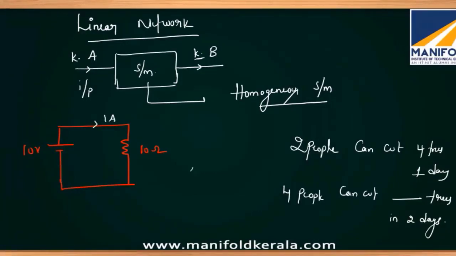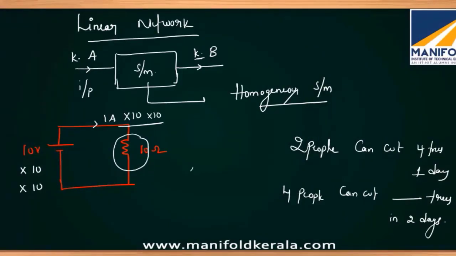Understand? Suppose I multiply the input with 10, then my response current also gets multiplied with 10. So in this case, what will be the current flowing? 10. Suppose I multiply again with 10, then I am assuming my response is also getting multiplied with 10. So you are assuming that this resistor can dissipate whatever power is supplied to it.